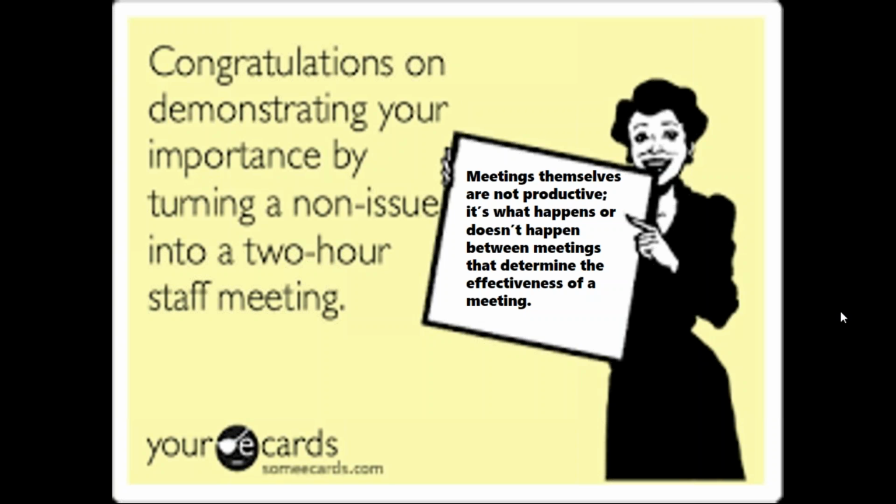So all meetings really do is create priorities and actions to be completed after the meeting, before the next meeting. So really, to talk about productive meetings is talking about meetings that are effective in creating actions that occur subsequent to the meeting.